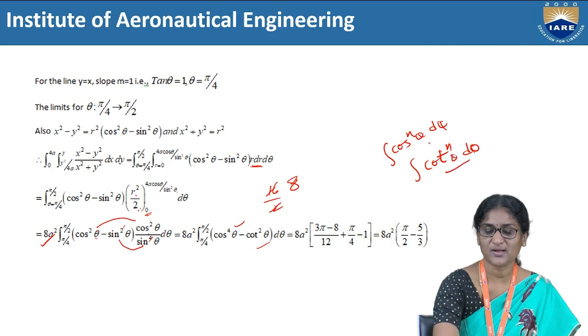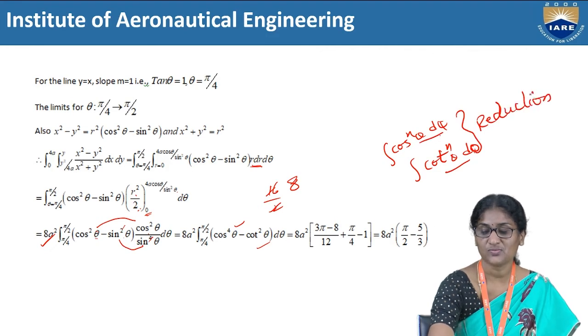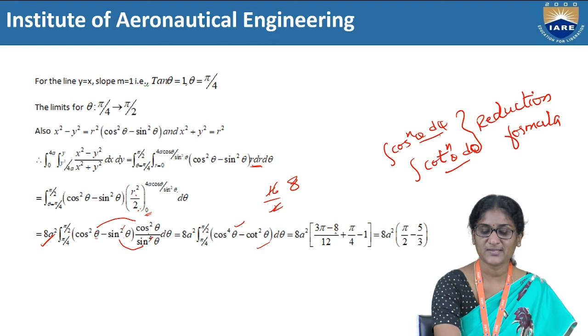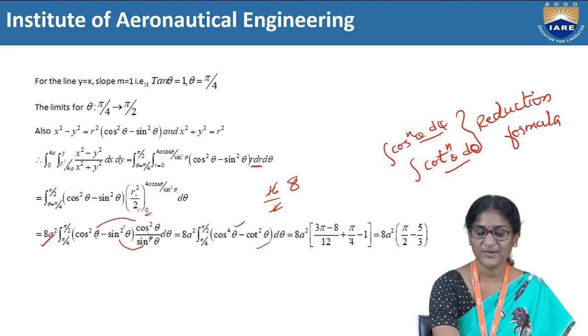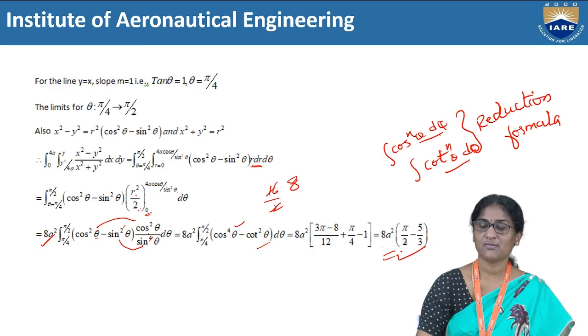Using these reduction formulas, you can get the value of the integration very easily. And the value is nothing but 8a square, which is lying outside here, into 3 pi minus 8 by 12 plus pi by 4 minus 1, which is equal to 8a square into pi by 2 minus 5 by 3. So this is the answer for the given question.